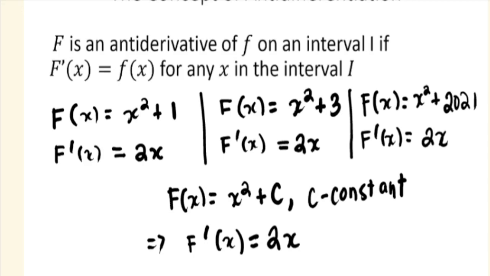Ibig sabihin, a function capital F of the form x squared plus c is an antiderivative of 2x. So this demonstrates that differentiation and anti-differentiation are inverse processes.